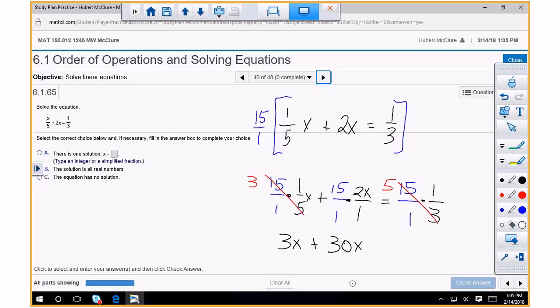Y'all be quiet, please. Equals, what's 5 times 1? Now what? 33x equals 5 divided by 33. X is equal to 5 over 33.